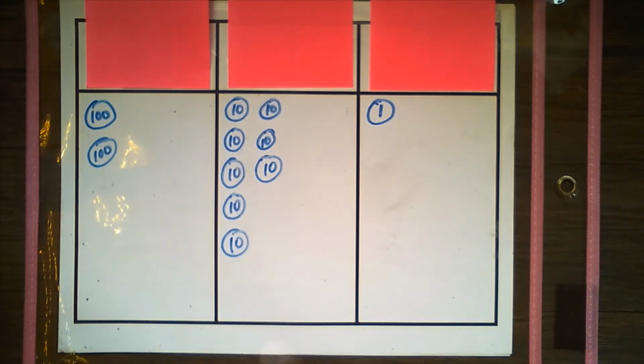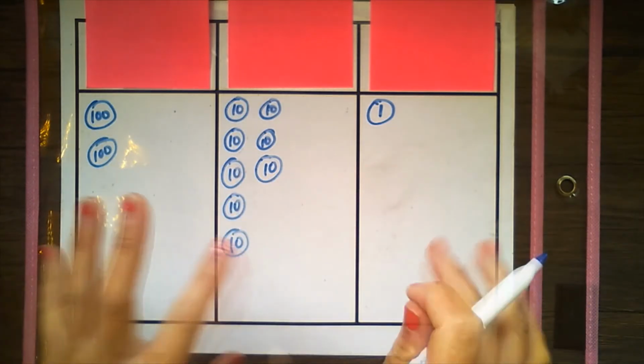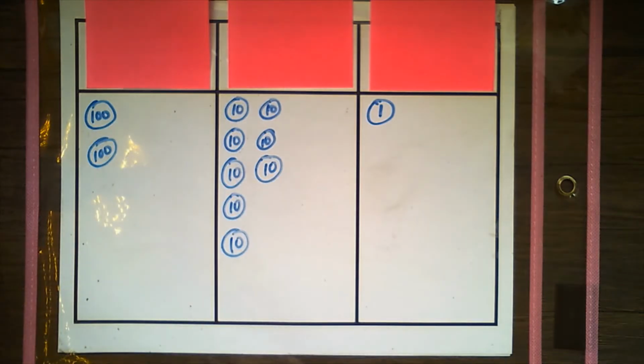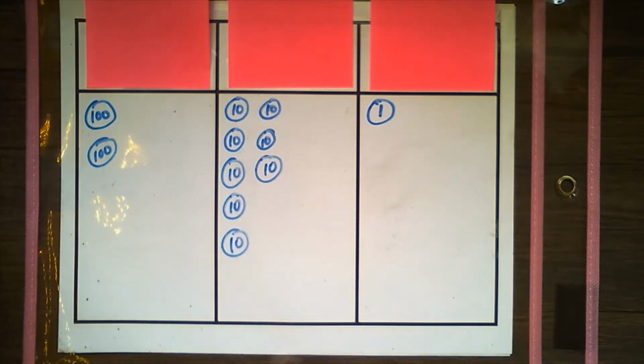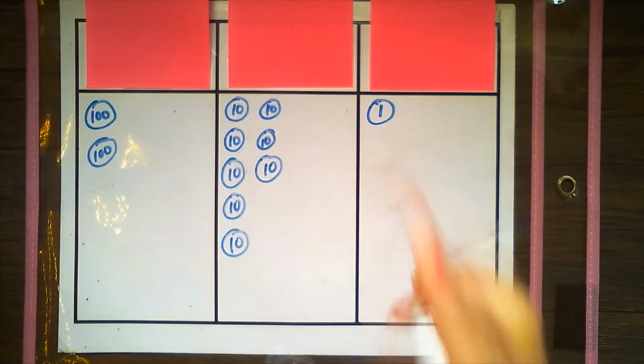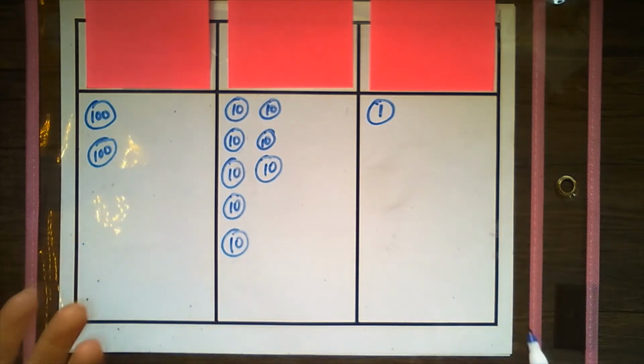What's the value of our place value discs on our chart here? If you were thinking 281, you thought correctly. It is valued at 281. 2 hundreds, 8 tens, and 1 one is 281.